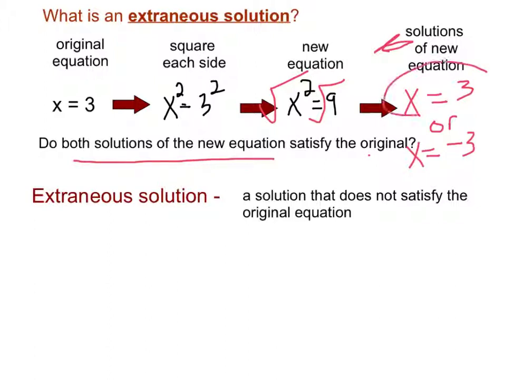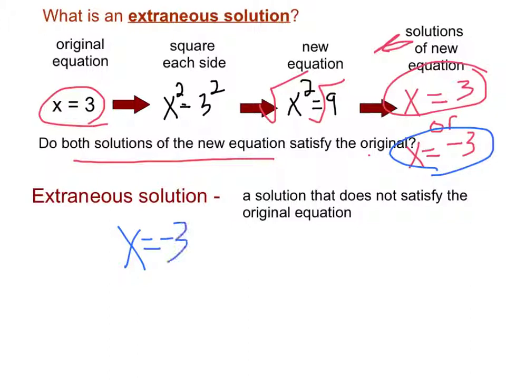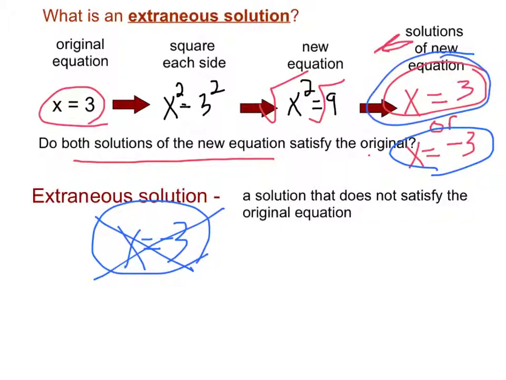Well, this does. The original is x equals 3. That sure does. But x equals negative 3 does not. So this is an extraneous solution, meaning, yes, it's a solution, but it won't work, so we can't use it. So we throw it out. The only answer we're going to write down is this one.